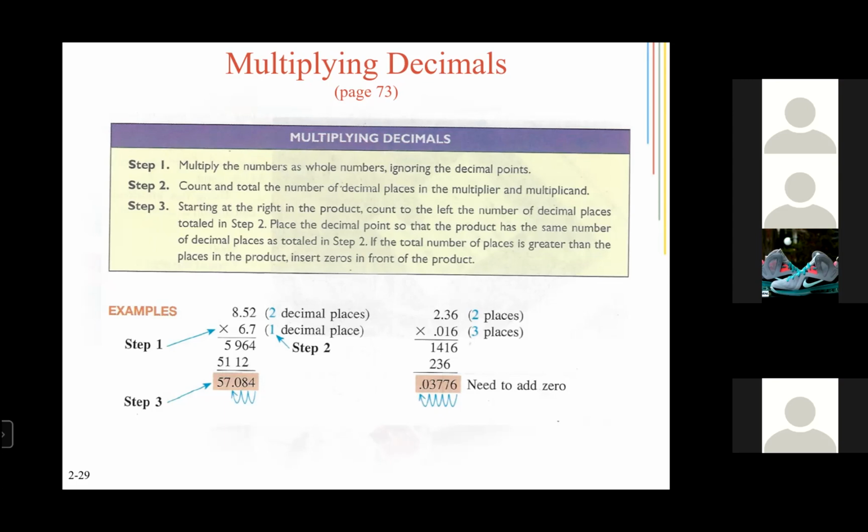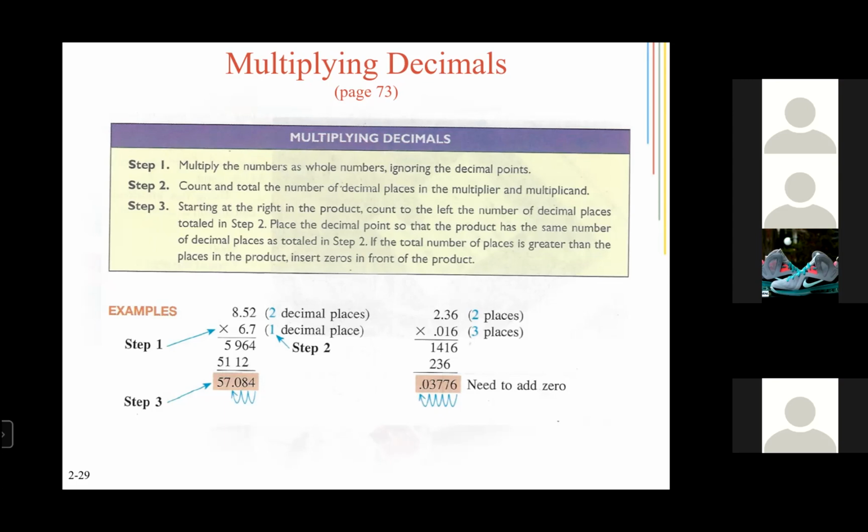Now, in the next example, you have 2.36 and 0.016. So the first number has 2 numbers after the point, the second number has 3 numbers after the point. So altogether, there are 5 numbers after the point for your answer. But in some cases, you will see where you do have to add a 0 to ensure that you get 5 numbers after the point.